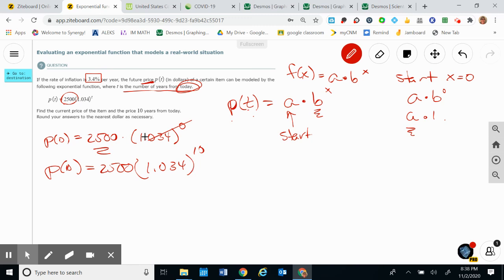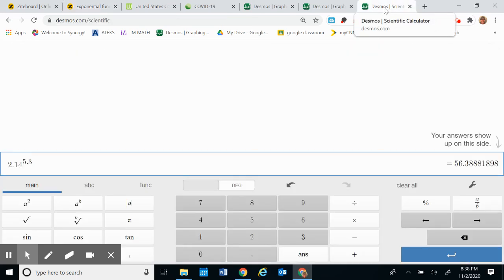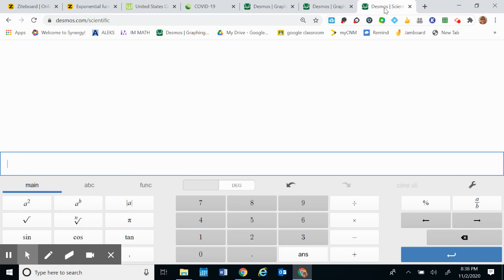So something that costs 2,500 today. I'm trying to think, what would cost 2,500 today? I don't think I've bought anything for $2,500. It's not really something I do.